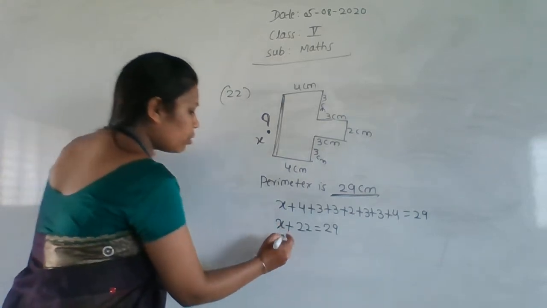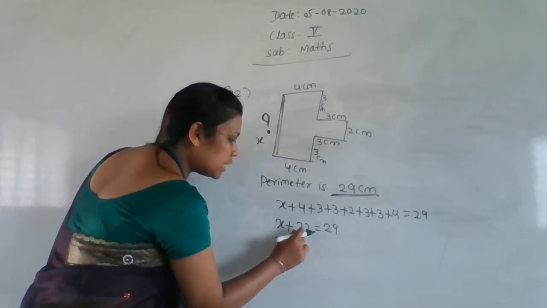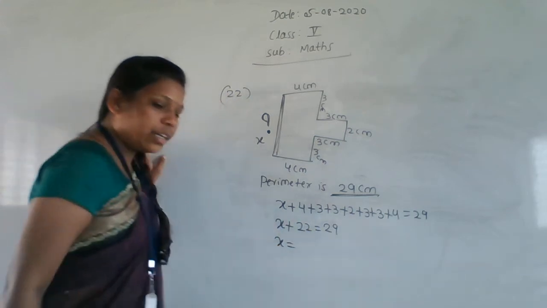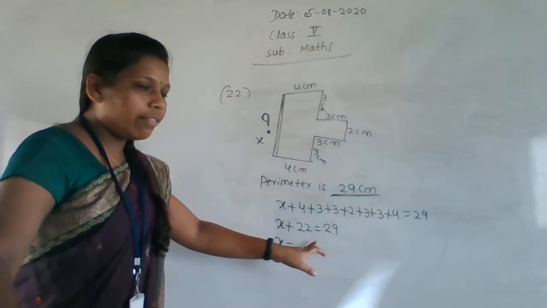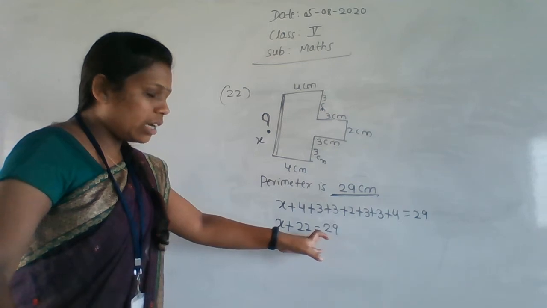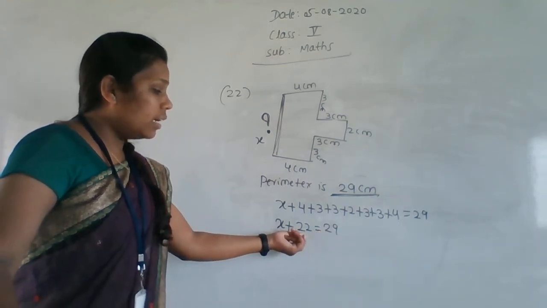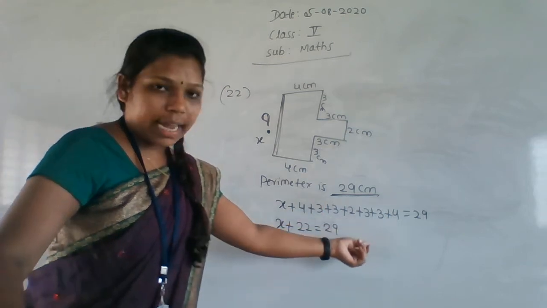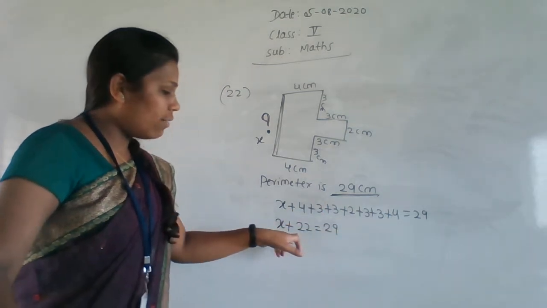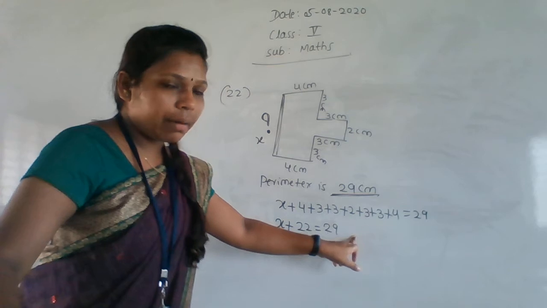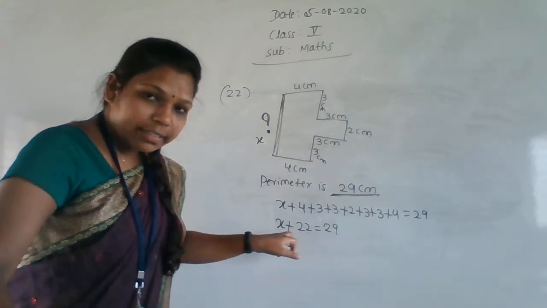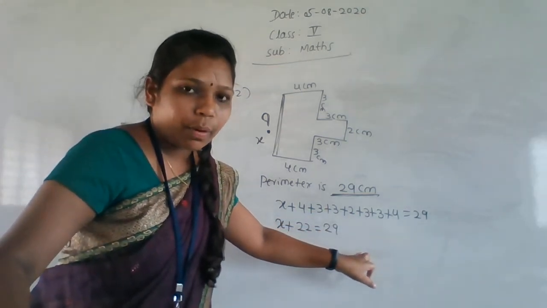Okay, so take this 22 to this side. I told you, if you are taking the values across, the middle is the equal sign. If you are taking this number to this side, then if the value is plus, it will become negative. If it is negative, then it will become positive.